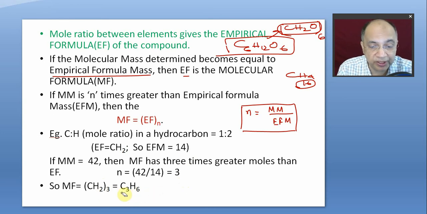If you divide by 3, it becomes CH2, but the actual formula is C3H6 and its molecular mass is 42. CH2 is the empirical formula and its empirical formula mass is 14. So when you divide the molecular mass by the empirical formula mass and round off to the nearest whole number, you get the n factor, and that multiplied with the empirical formula gives you the molecular formula.